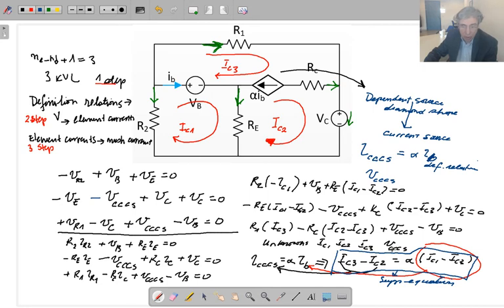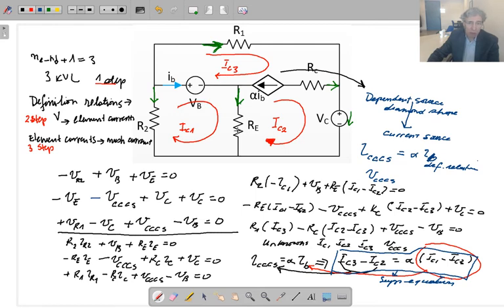I can calculate that. So you could easily say that if you know what IC3 and IC2 are, then you can calculate VCCCS, isn't it? So what we are seeing after this, once we found all the mesh currents, we can find this resistor current, we can find this element current, which is equal to IC1 minus IC3.